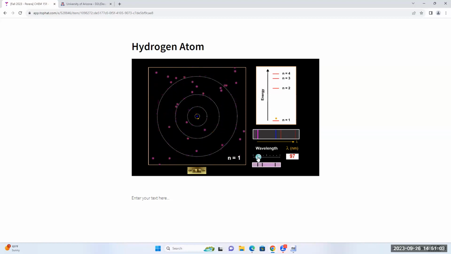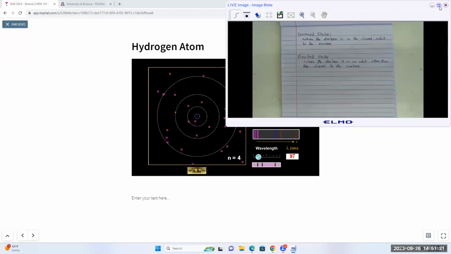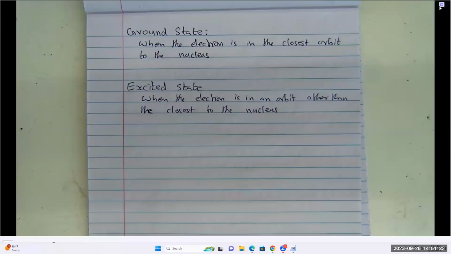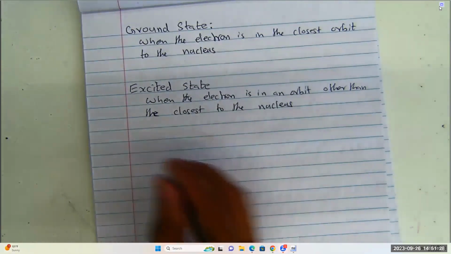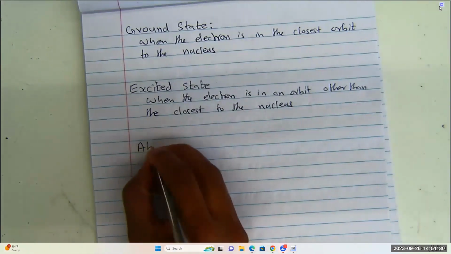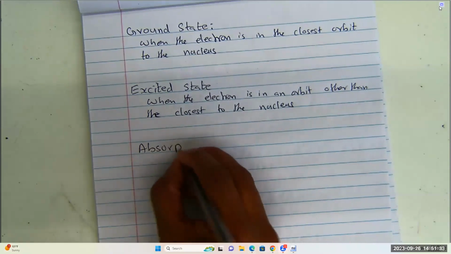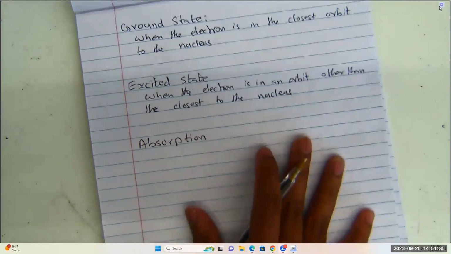But anyway, before that, now let's define absorption. This is what is happening during the absorption process. When the electron absorbs a photon, the electron goes from the ground state to a high energy level. So let's make a note here. Let's talk about what we observed in our notes. Absorption.